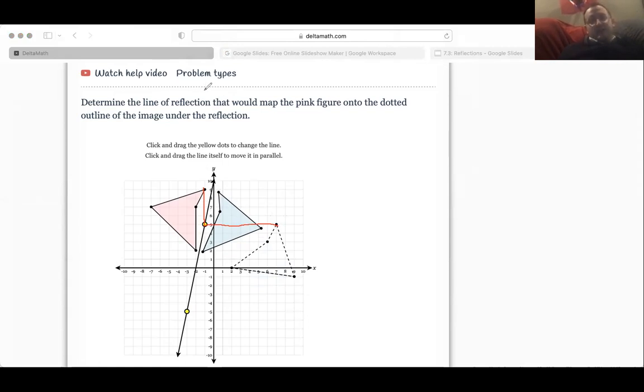So what I could do instead is go halfway. If I went down 2 and then to the right by 4, that's my halfway point. So my dot would be right there.